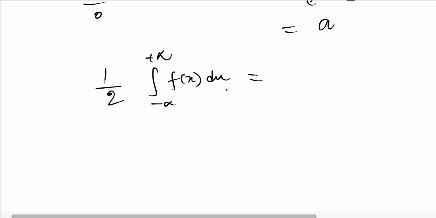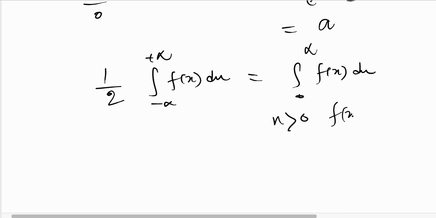In the right hand side, it is half times the integral from minus infinity to plus infinity of f(x) dx. As f(x) is an even function, we can write it as the integral from 0 to infinity of f(x) dx. Since x is greater than 0, f(x) is equal to e to the power minus x by a.